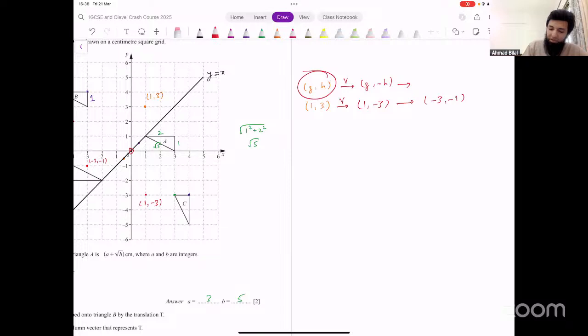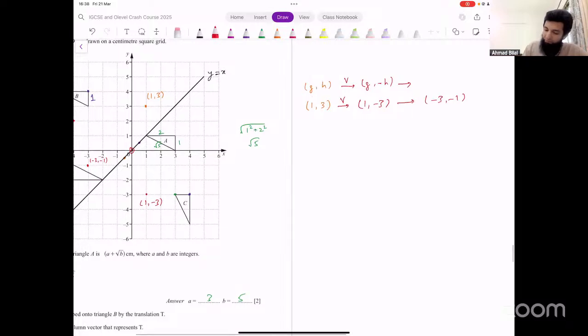So what's happening to this now? It was 1 and minus 3, and now it becomes minus 3 and minus 1. So the y coordinate is now becoming the x coordinate. So we can say minus h. And what about 1? That is becoming the y coordinate. So that's becoming g, but its sign is also changing.